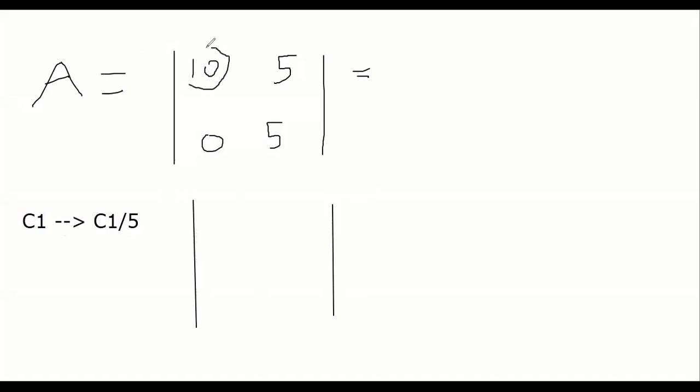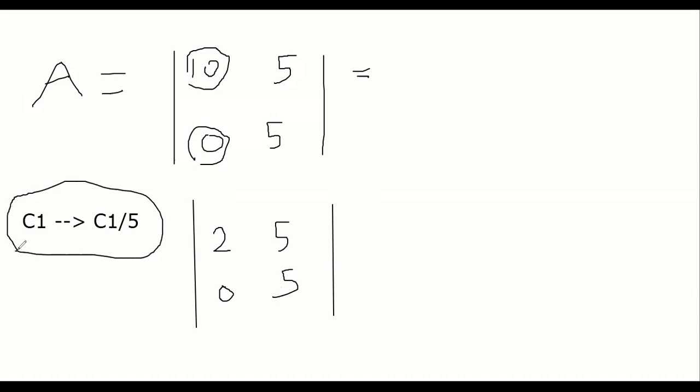Column 1 was 10, so 10 by 5 is 2. It was 0, 0 by 5 is 0. Column 1 is changed to 2 and 0. Column 2 remains the same. देखो, what is the meaning of this operation? C1 is changed to C1 by 5, or column 1 is divided by 5. That is the meaning of this sentence.